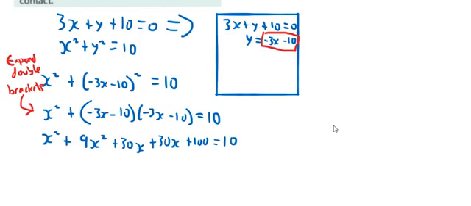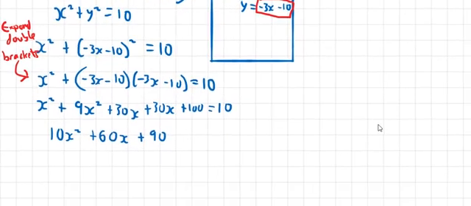So x squared plus 9x squared is 10x squared. 30x plus 30x is 60x. And then my 100, I can move the 10 across the equal sign or subtract 10 from both sides, and I'll get plus 90. And that equals 0.